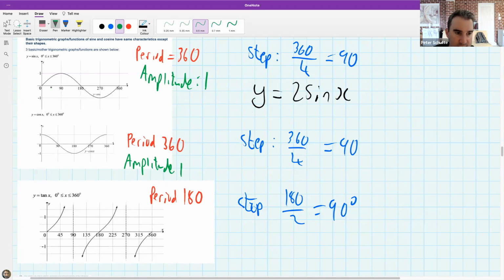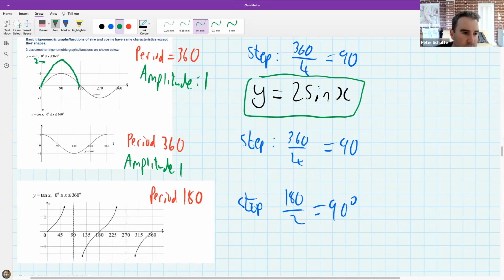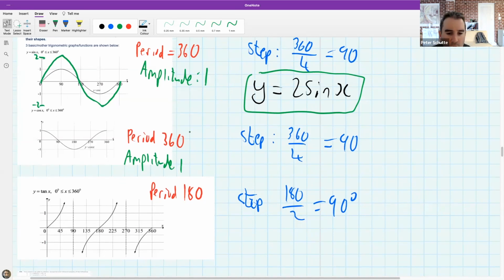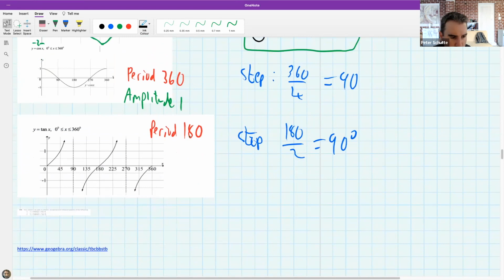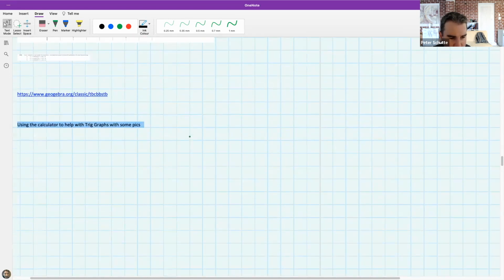The one that's here goes up to 1, whereas y equals 2 sine x starts here and goes all the way up to 2, then down to -2, and then up again like that. That is called an amplitude change. It goes higher and lower than before. Okay, let's actually do a question where we change something.